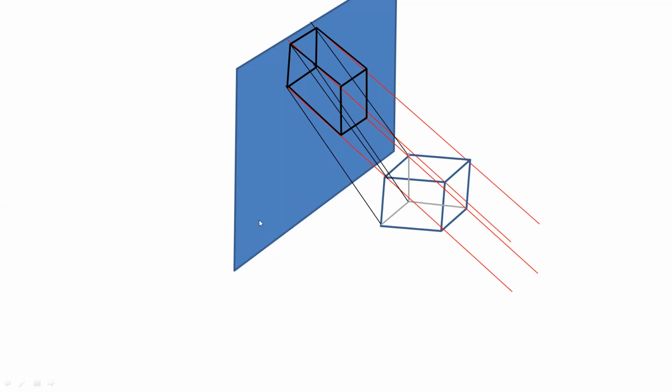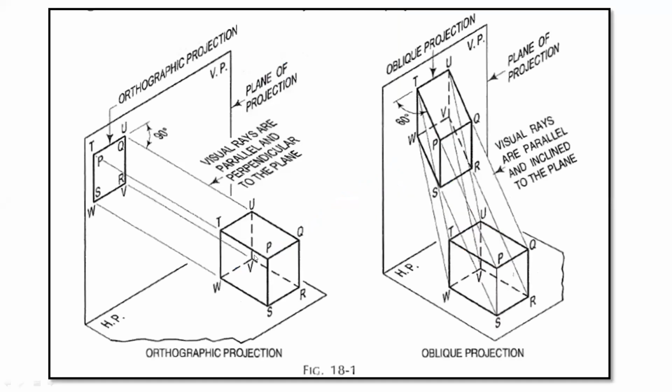So this is the difference between the orthographic projection and the oblique projection. Here, if you want, you can take a screenshot of the difference between the orthographic and the oblique projection.